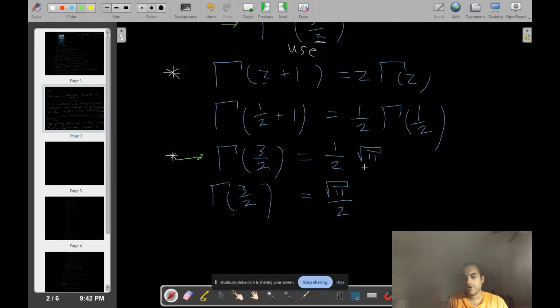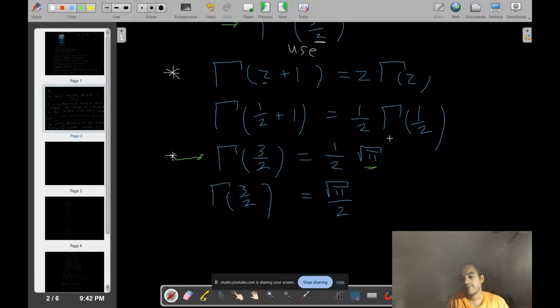Now this is not trivial. It's a non-trivial approach. How do I know the gamma of 1/2 is root pi? You can look it up in tables.